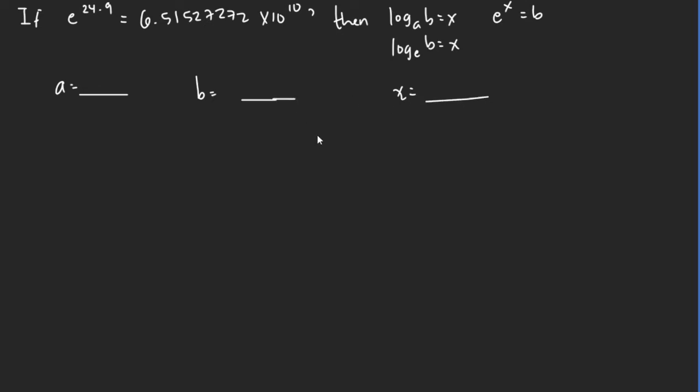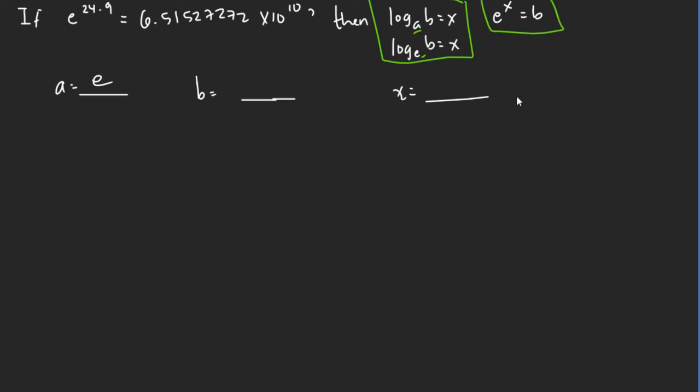So for this number, we need to identify each value. Alright. So since we express log base a of b, we can tell that a is also equal to e. So if you're looking for the value of a, that is also equivalent to the value of e. Now for letter b, log base a of b is equal to x, and that is also equivalent to e raised to x is equal to b.